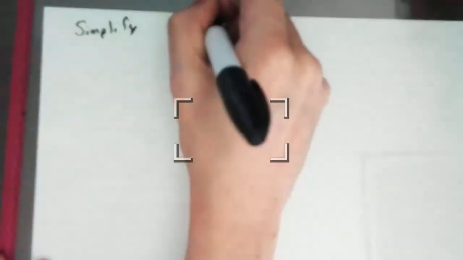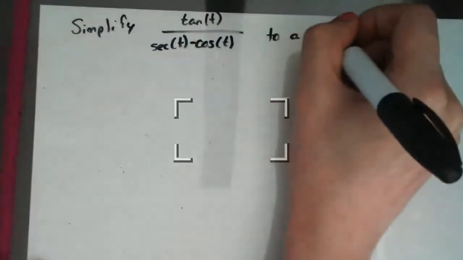We are going to simplify. Let's back up a little bit. We're going to simplify the tangent of t over the secant of t minus the cosine of t to a single trig function.